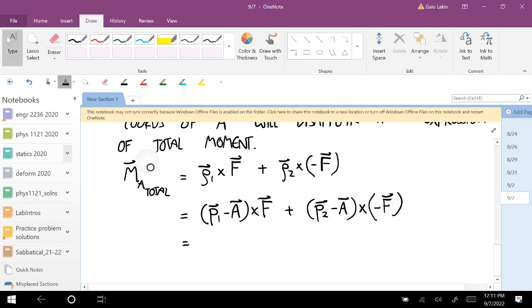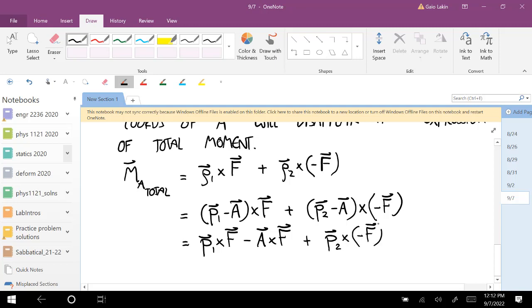So we can write this as, just distribute this all out, and you have the coordinates of P1 crossed with F, minus the coordinates of A crossed with F, plus the coordinates of P2 crossed with negative F, minus the coordinates of A crossed with negative F. Well, I haven't pulled that second negative out, but this is right.